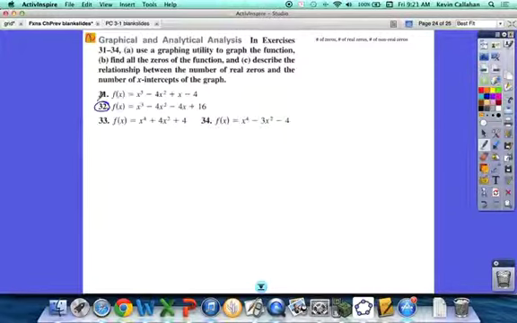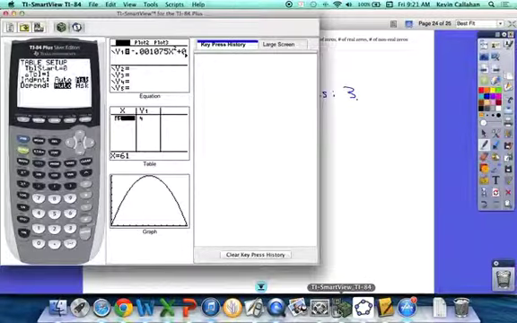Now, complex means real or imaginary, right? So you don't know how many are real, you don't know how many are imaginary. But we would say the complex solutions are 3. Now to find out how many real solutions, we put it in the calculator.